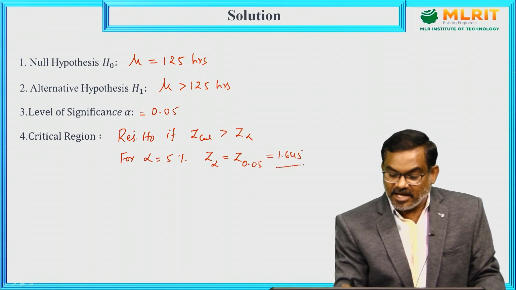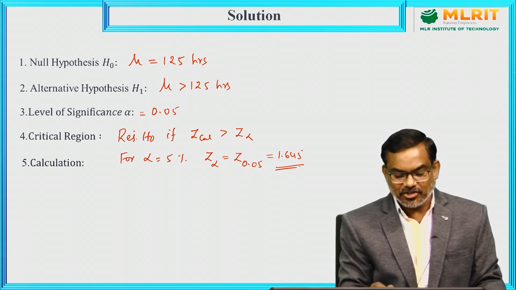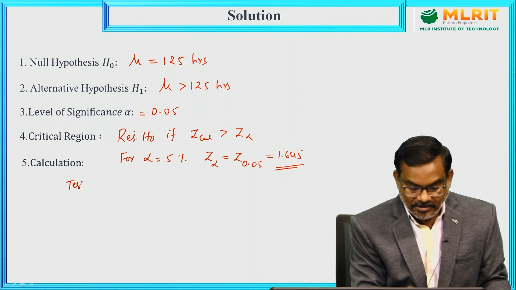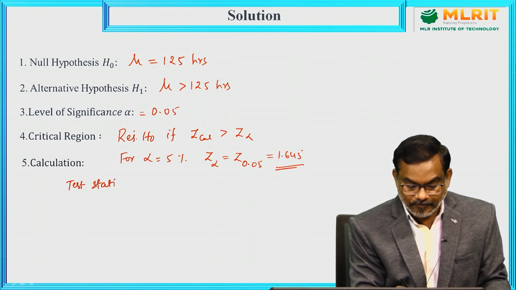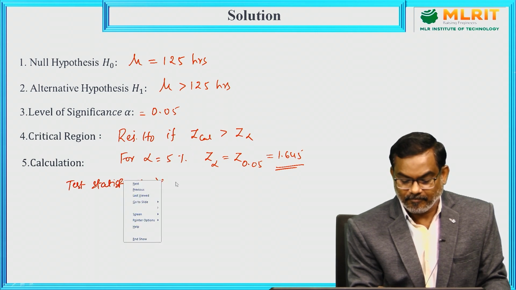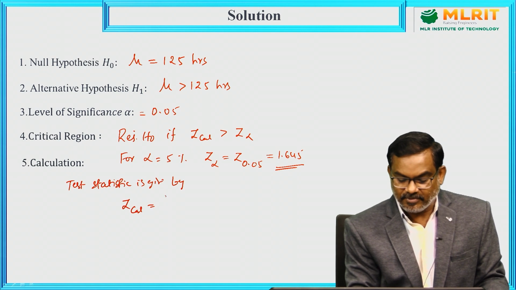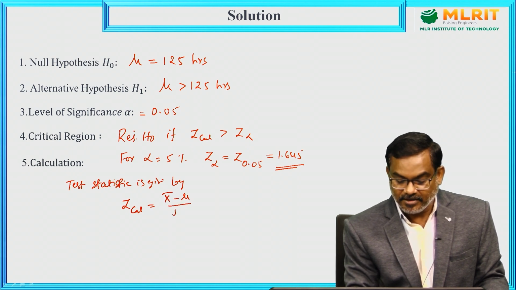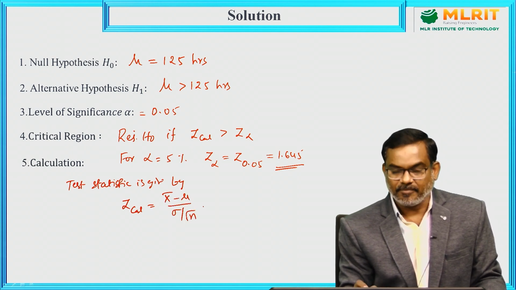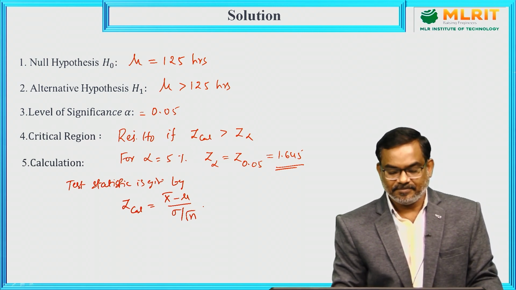So, this is the tabular value of Z. Now, coming to the calculation part, here the test statistic is given by Z calculated equals x bar minus mu by sigma by root n. So, this gives the calculated value of Z.